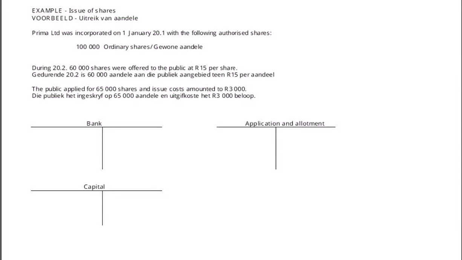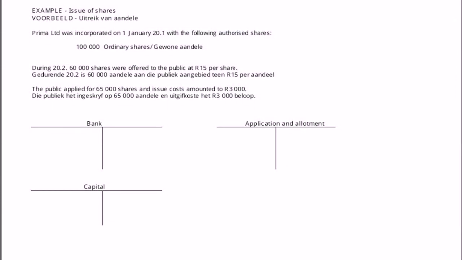The public ended up applying for 65,000 shares, and the issue cost relating to the issue of shares was 3,000 Rand. So the public sent us money or applied for shares worth 65,000 multiplied by 15 Rand.